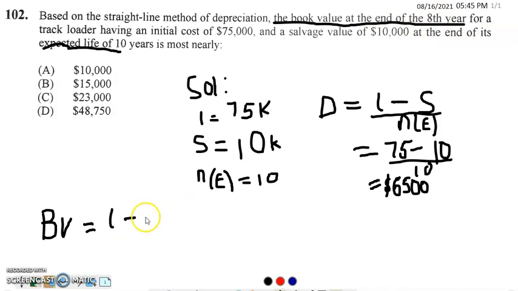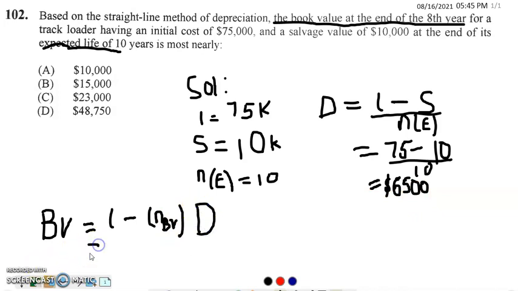So let's just get back to where we are. Let me denote that by BVN, or just NBV. Let me just say BV. NBV times the depreciation value that you have.